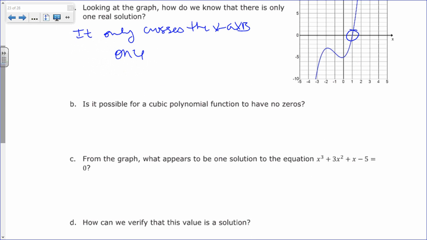Is it possible for a cubic polynomial function to have no zeros? No, because the end behaviors are in opposite directions.